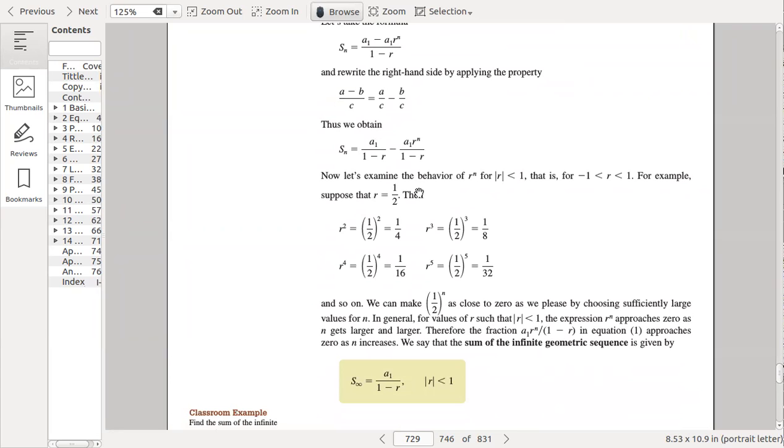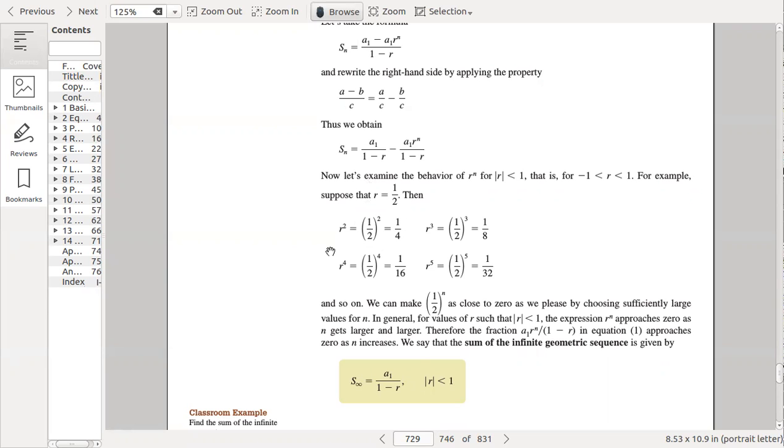Now let's examine the behavior of r power n for absolute value of r less than 1, that is, for r lies between minus 1 and 1. For example, suppose that r is equal to 1 by 2.